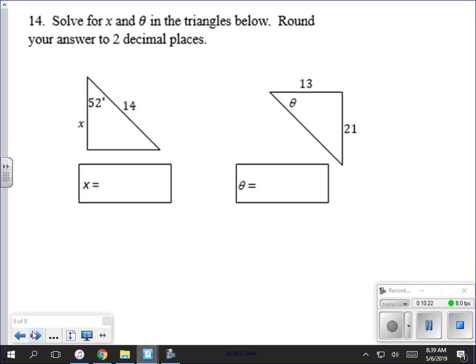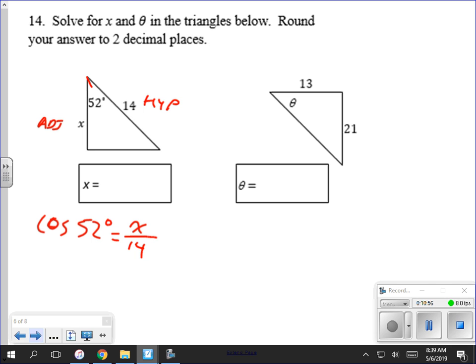I have the hypotenuse, and then I have the one adjacent. Which trig function involves the adjacent and the hypotenuse? That would be the cosine. So the cosine of 52 degrees is equal to x over 14. Set up your cosine, sine, or tangent function based upon the information you're given. Set this up first, then solve.